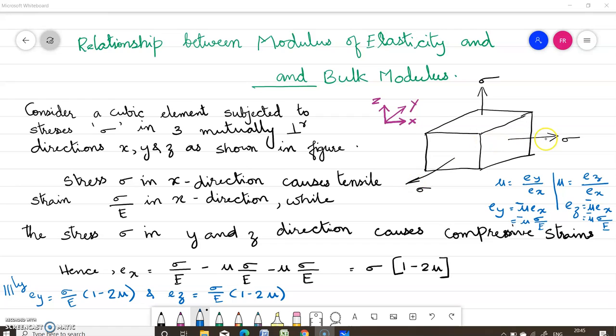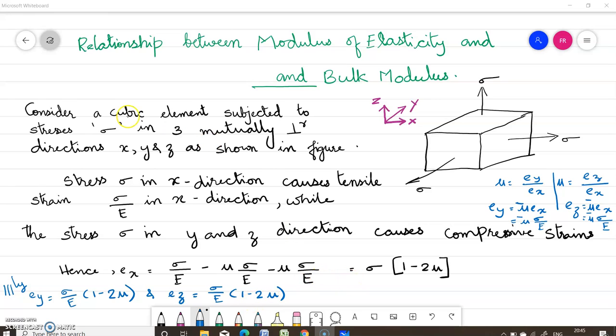Strain in x direction due to stress in y direction is minus mu into sigma by E, and strain in x direction due to stress in z direction is equal to minus mu into sigma by E. So you can write Ex equal to sigma by E into 1 minus 2 mu. Since all these perpendicular directions are subjected to same stress, you can write the equation for strain in y direction as sigma by E into 1 minus 2 mu, and strain in z direction is sigma by E into 1 minus 2 mu.